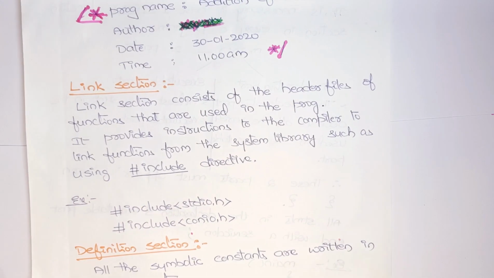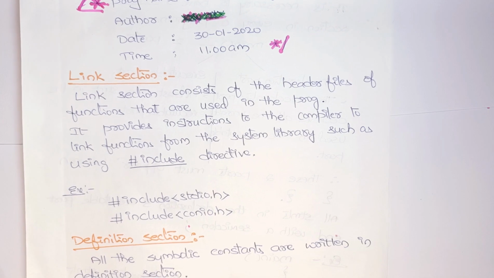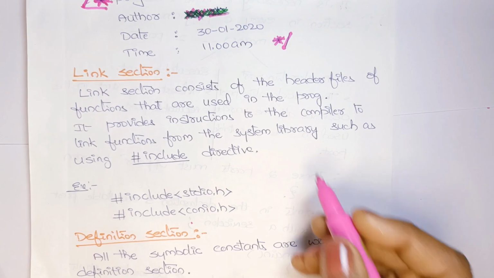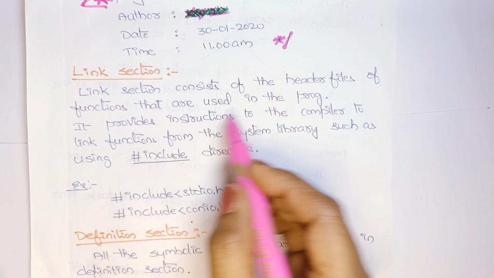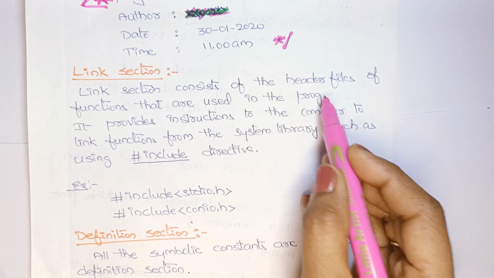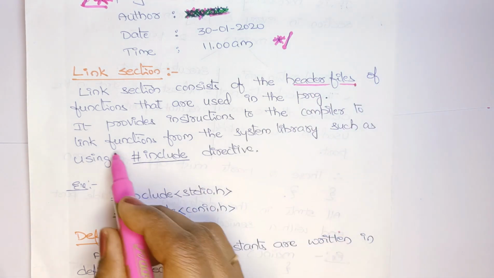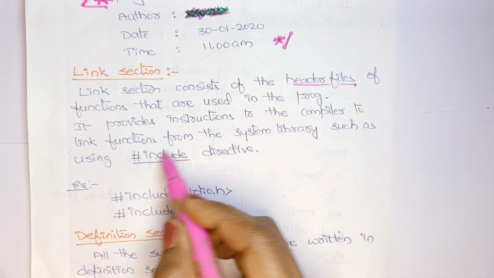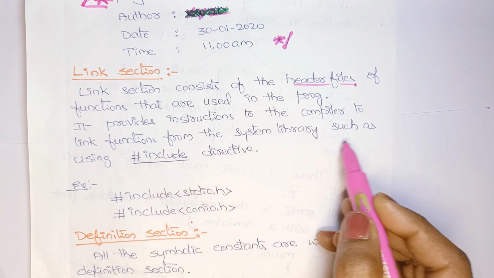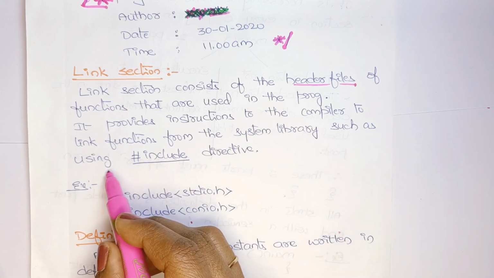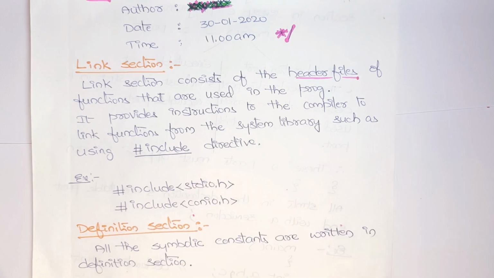Next, after the documentation section you have the link section. The link section consists of header files of functions that are used in the program. It provides instructions to the compiler to link functions from the system library, using the #include directive.